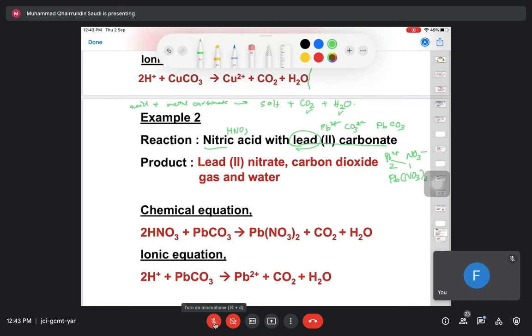Helium. Kena letakkan balik benda tu. Letakkan balik benda tu kat ni. Alright, thank you. Sekejap nak habis dah.